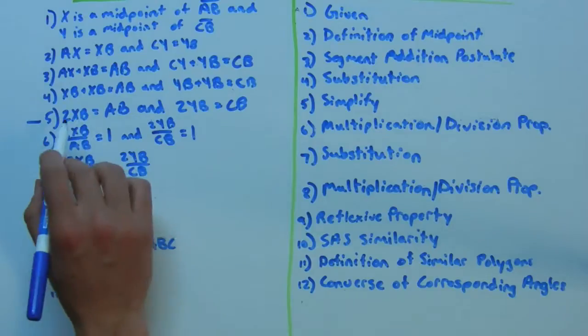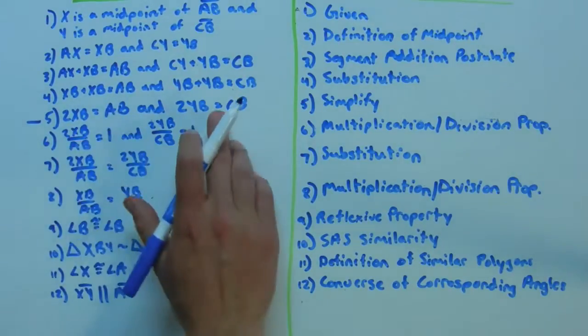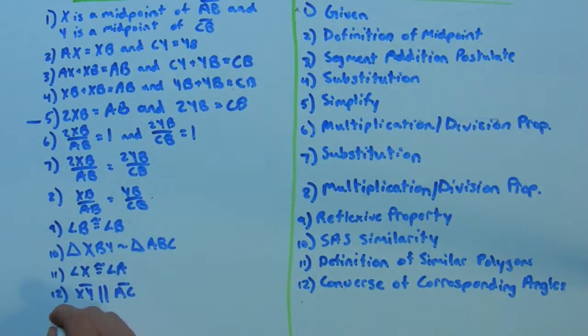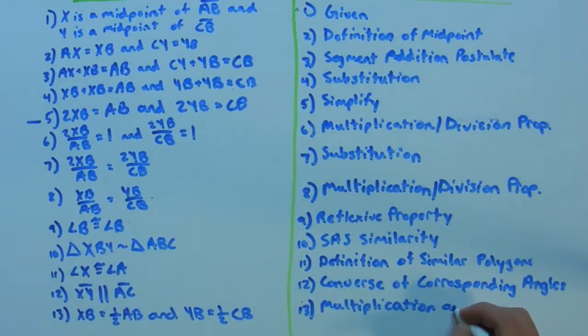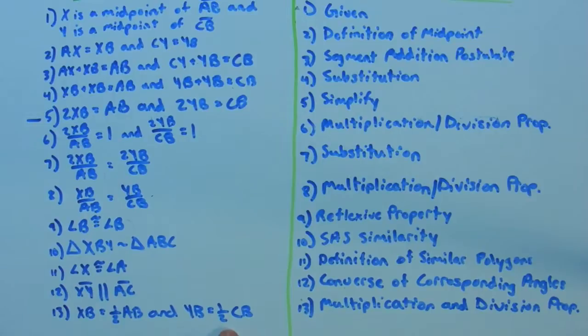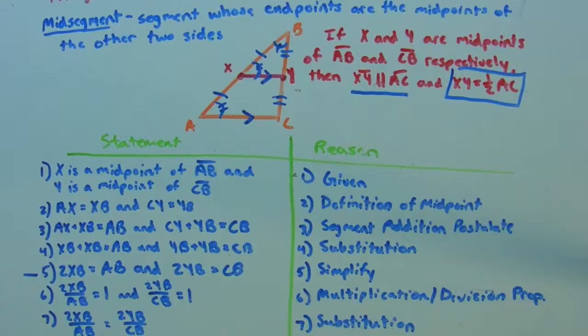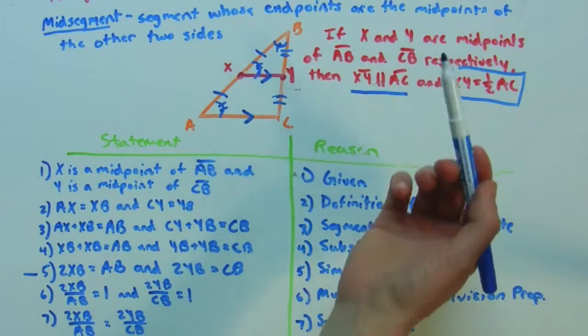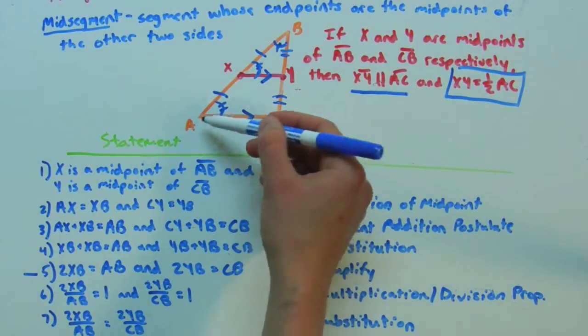So let's divide both sides of the first and second equation by 2. So we're going to have that XB equals 1/2 of AB and YB equals 1/2 of CB by the multiplication and division properties. Remember that we were able to show that triangle XBY was proportional to triangle ABC.